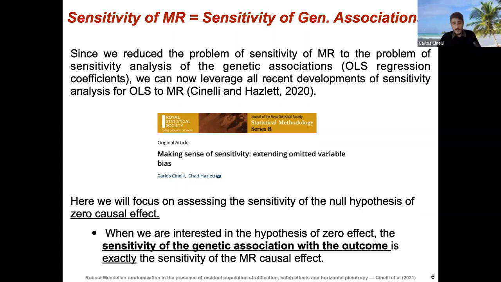And as I just explained, when we are interested in the hypothesis of zero effect, the sensitivity of the genetic association with the outcome is exactly the sensitivity of the MR estimate of the causal effect. And that's what is going to be our focus here. Okay, so feel free to ask any questions during the presentation.